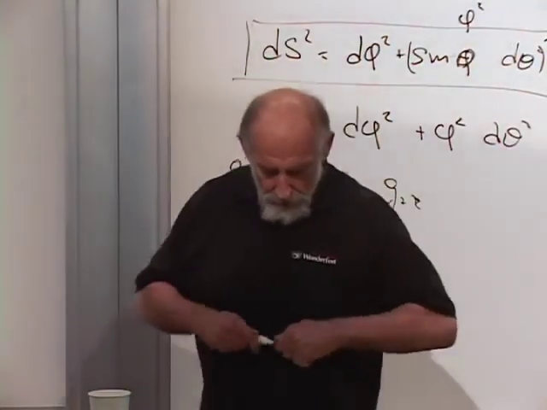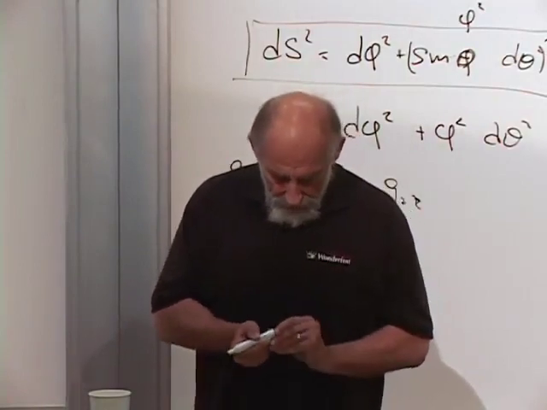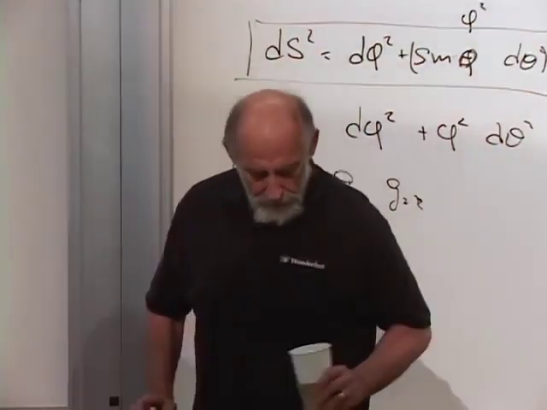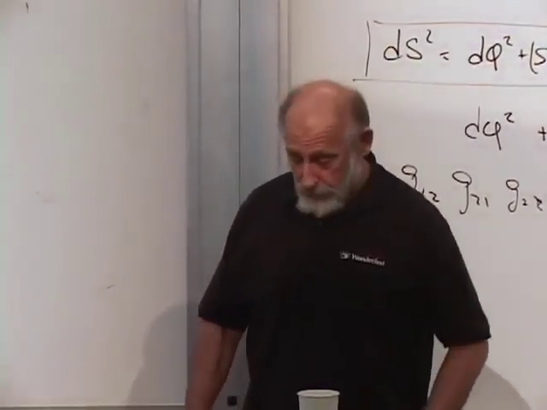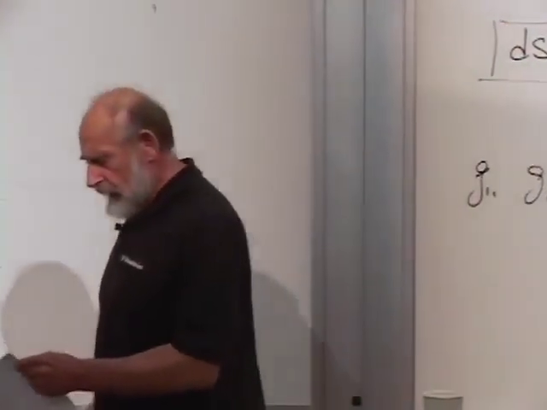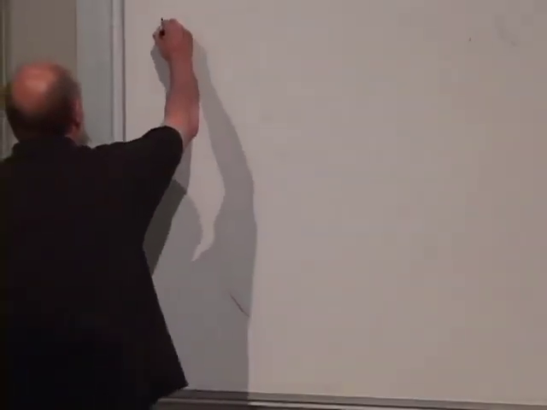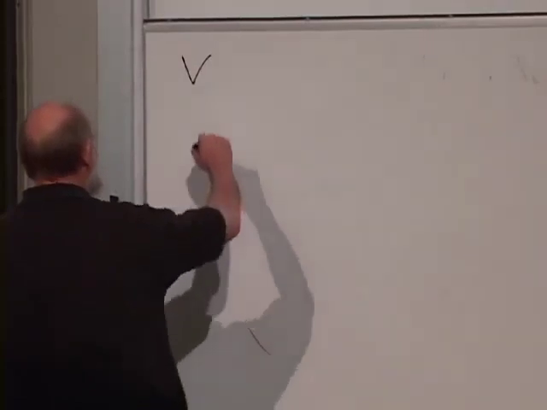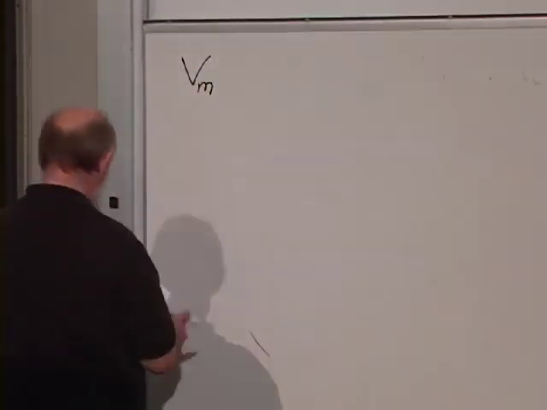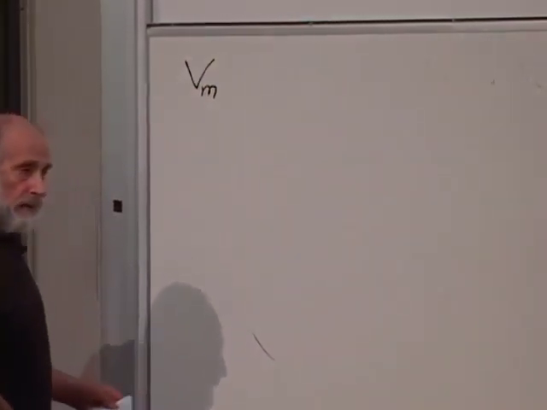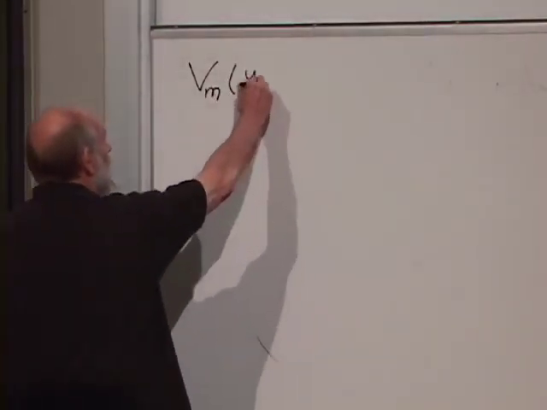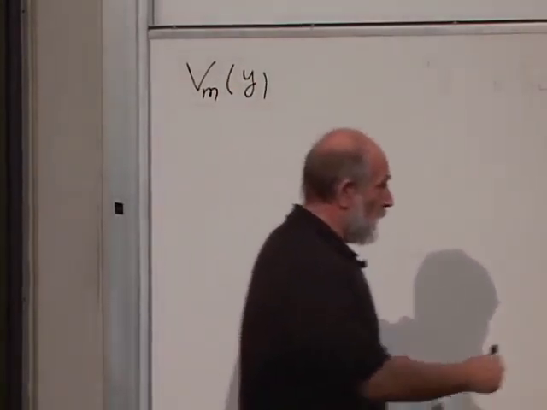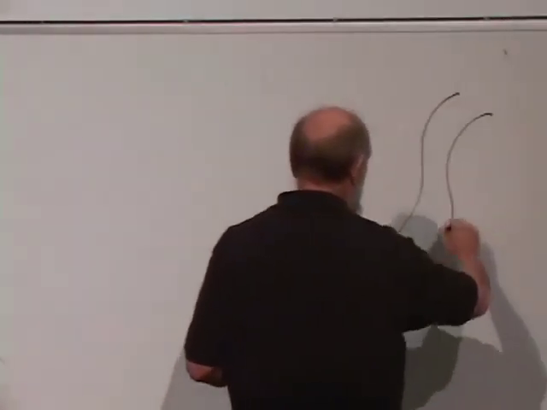Okay, let's just go through the definitions of the transformation properties of the two kinds of components, covariant and contravariant. If I have a covariant set of components, covariant means lower, and they're now referring to a coordinate system y.